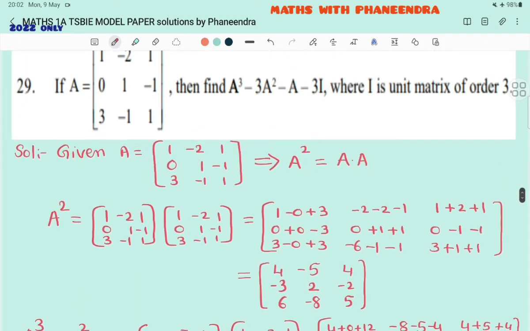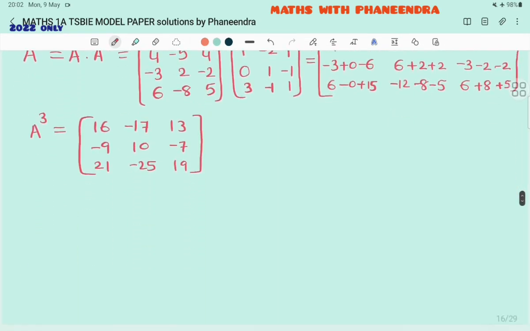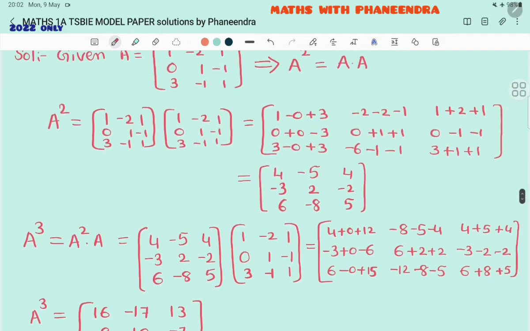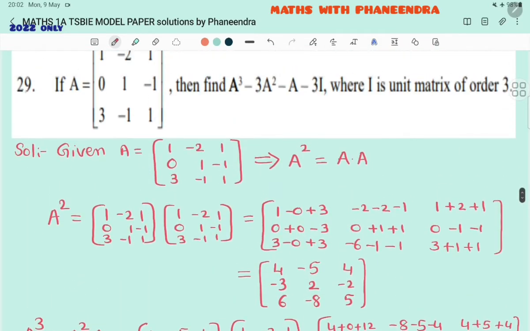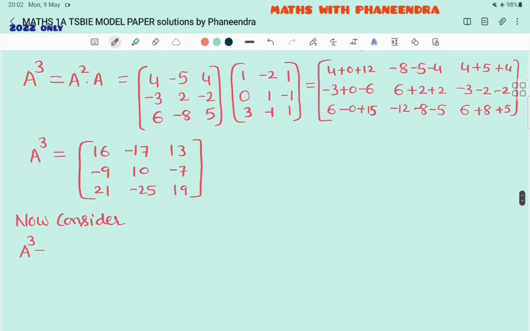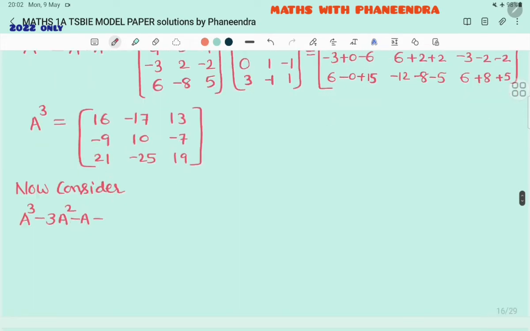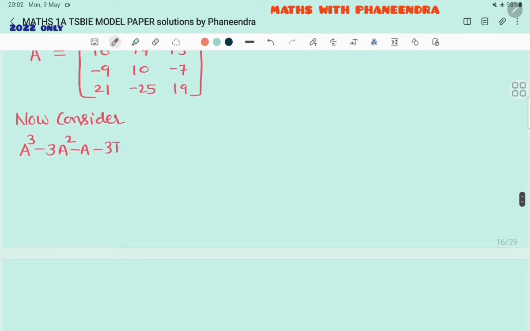Now a cube minus 3a square minus a minus 3i, that value. Now consider a cube minus 3a square minus a minus 3i.